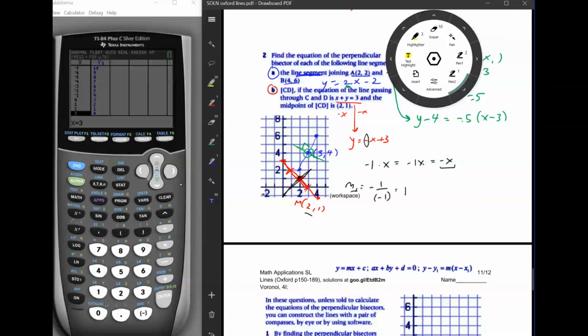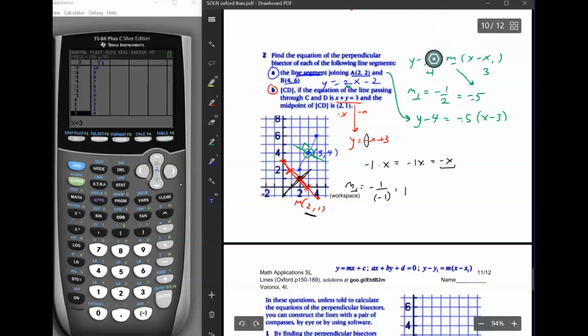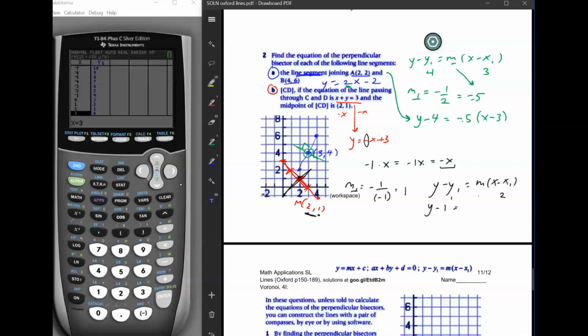What point does it go through? 2, 1. So we know what point it goes through, and we know what slope it has. So again, we can use point slope form or point gradient form. It's going to be y minus 1 equals, because y1 is 1, x1 is 2, and perpendicular slope is 1.